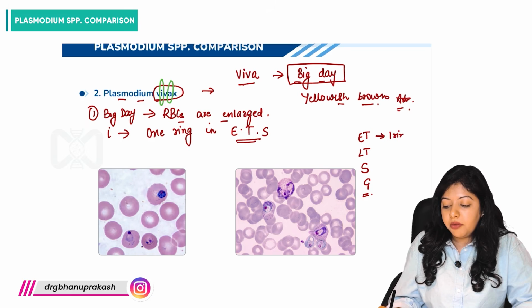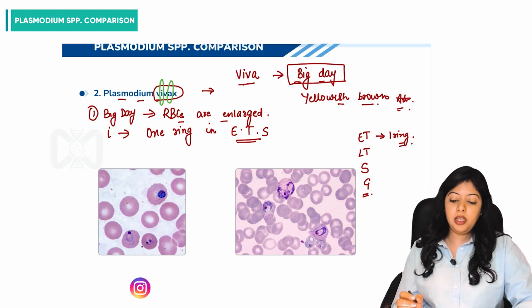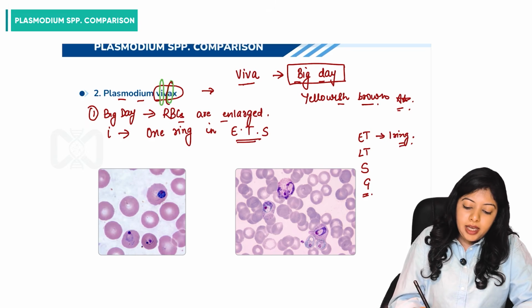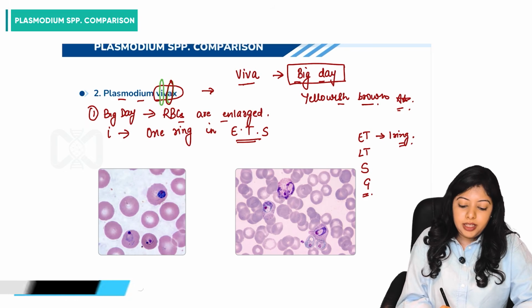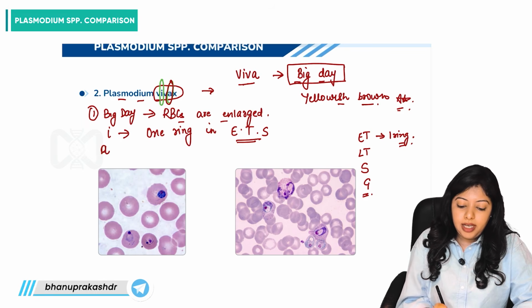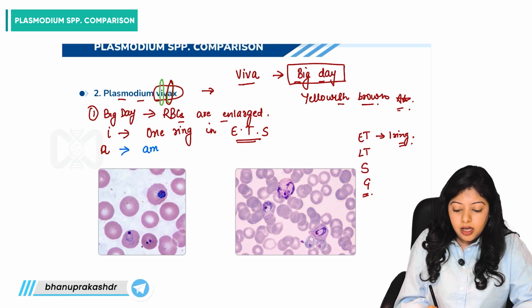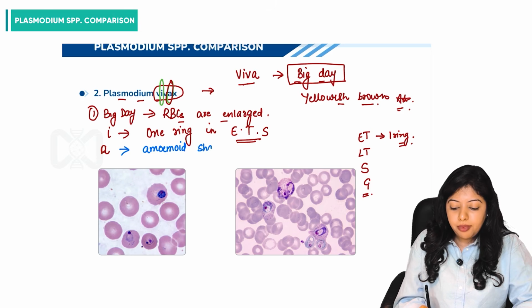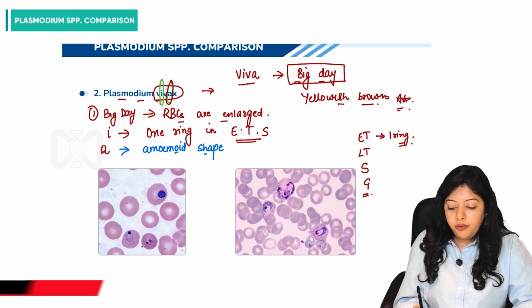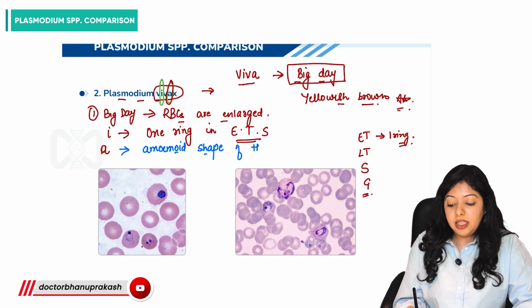One ring would be formed, right? So A stands for the late trophozoite. If we are talking about A, it stands for the amoeboid shape of the late trophozoite.